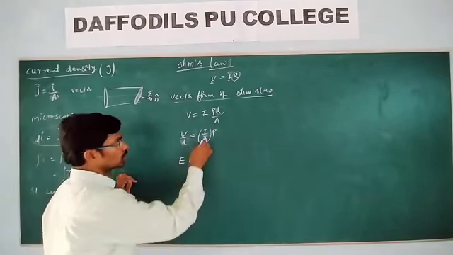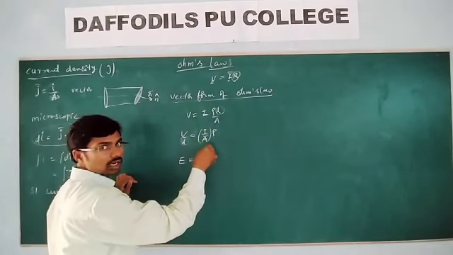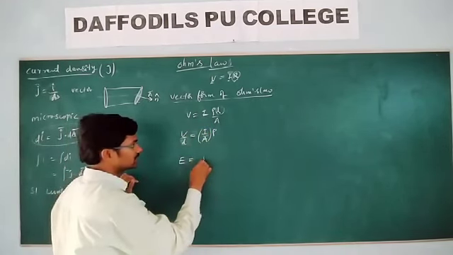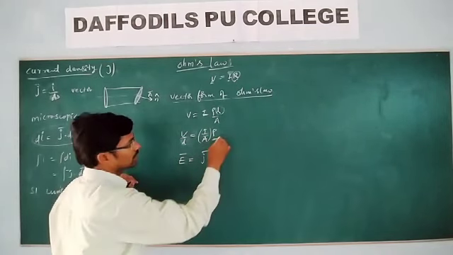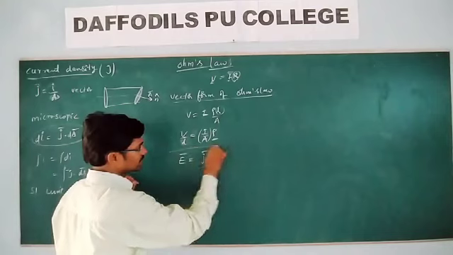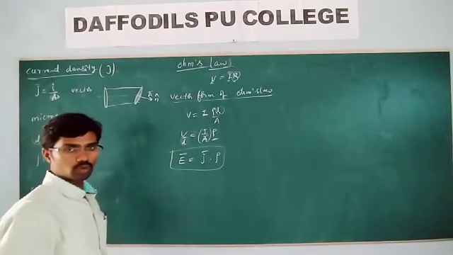So E is equal to I by A into rho. I by A is current per unit area, J, and rho is the resistivity. Then E is equal to J into rho.